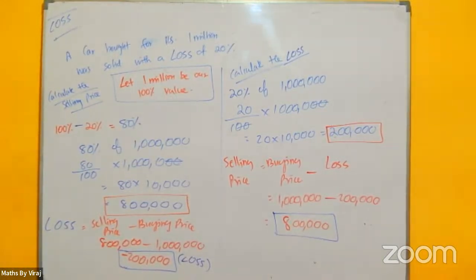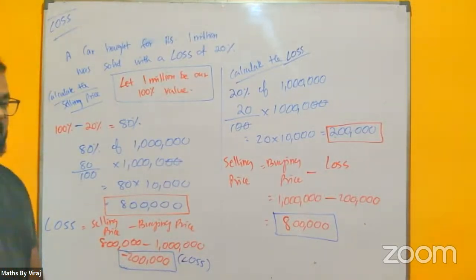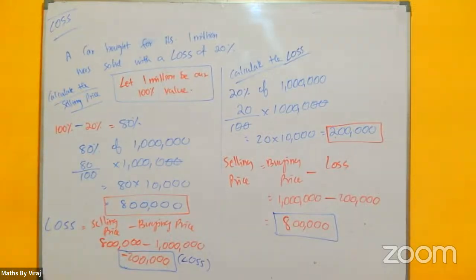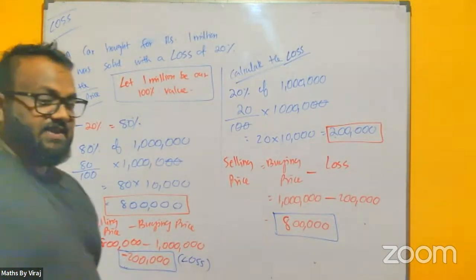Loss is selling price minus buying price. If it is negative, it's definitely a loss. That is the mathematical way of calculating it. So 20% of 1 million, 20 over 100 into 1 million, is 200,000. Selling price is equal to buying price minus the loss, and hence we have the answer.